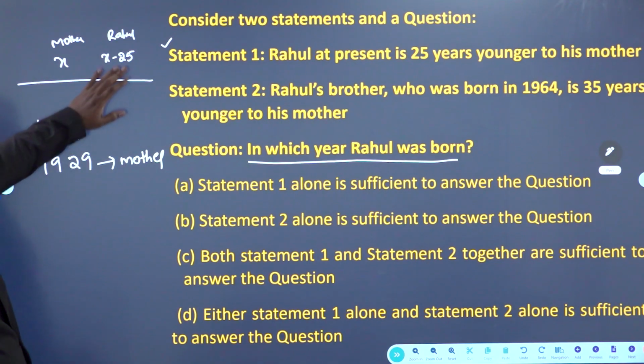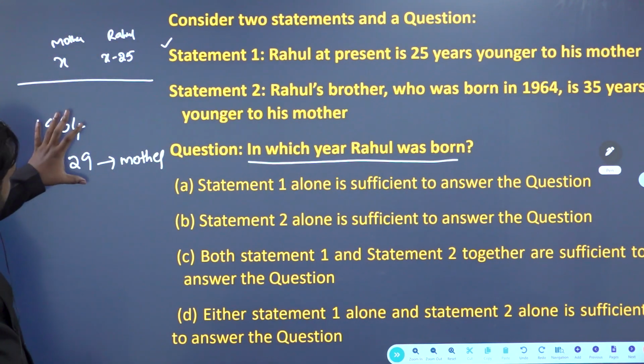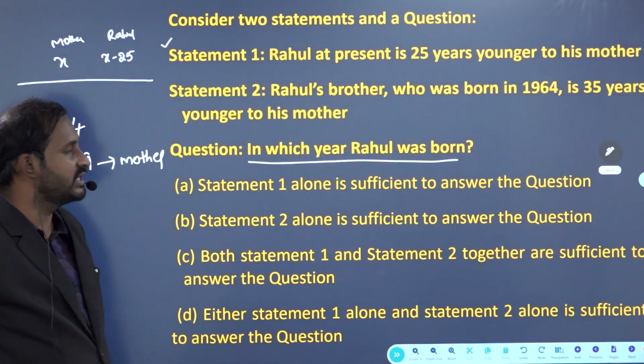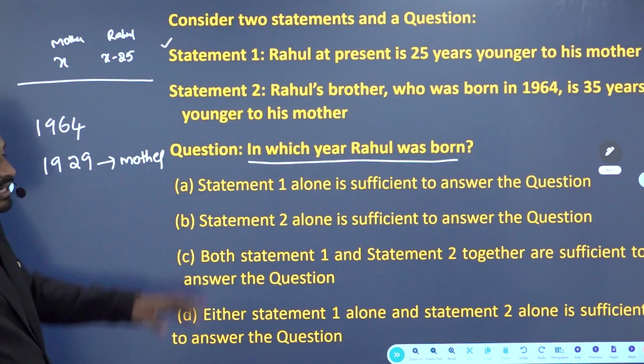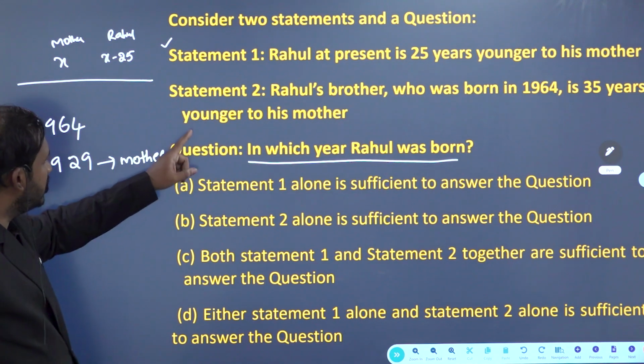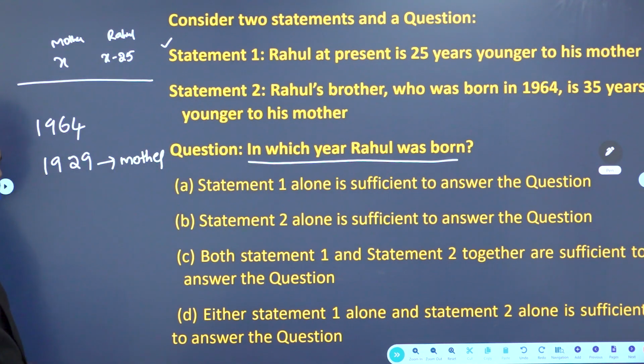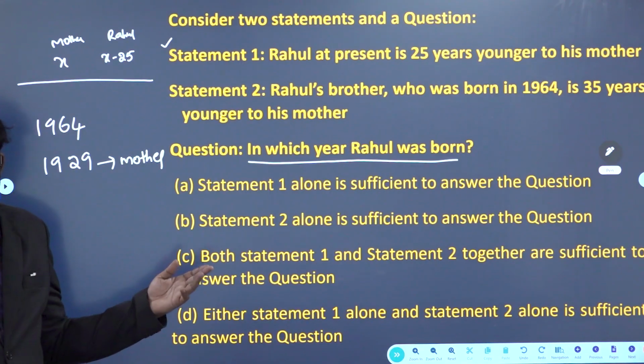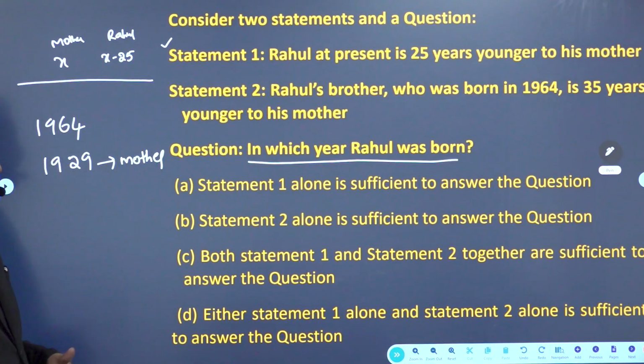But please don't take this data here once again with statement 1, because in the second statement they didn't mention the relation between Rahul and Rahul's mother's age. So by using only the second statement, can I tell my answer? No. Because I know in which year Rahul's mother and brother were born, but I don't know in which year Rahul was born.